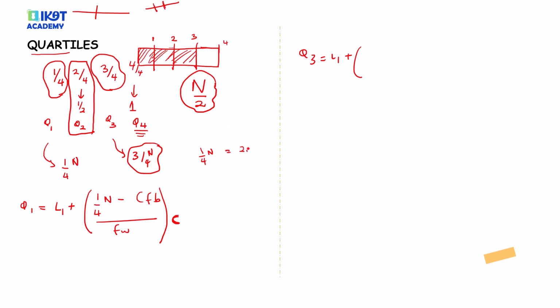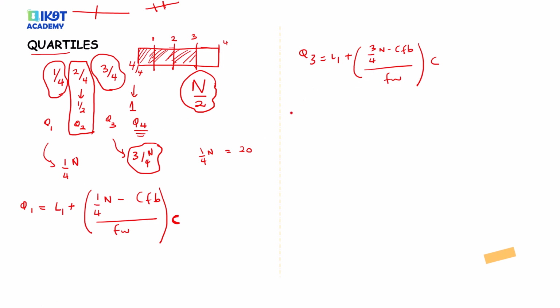Let's say I get 20. The value just above 20 in the cumulative frequency curve represents the class we are going to pick all these values from. Then Q3 is 3 out of 4 n minus the cumulative frequency before, over the frequency within, times c, which is the class interval. So this is how we find Q1 and Q3.